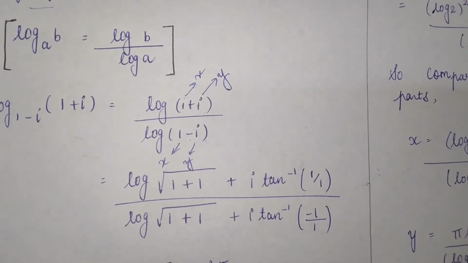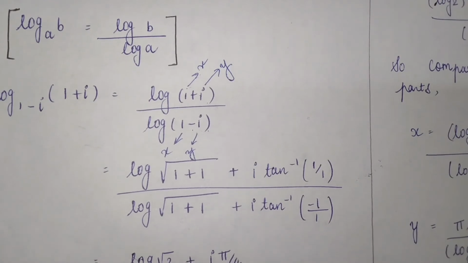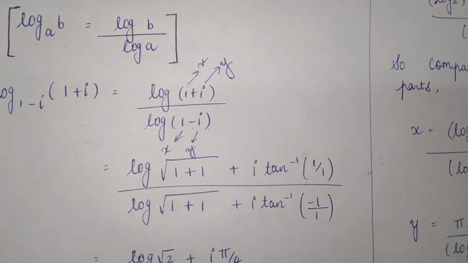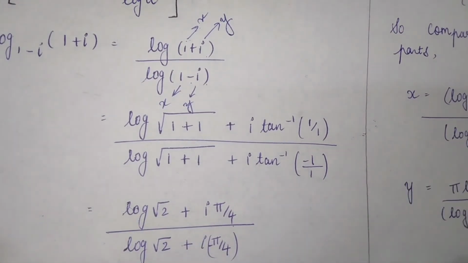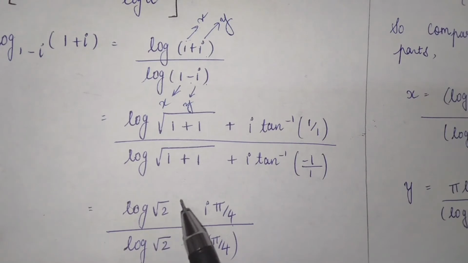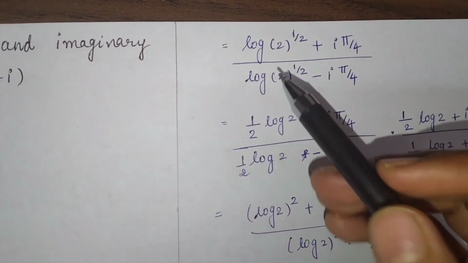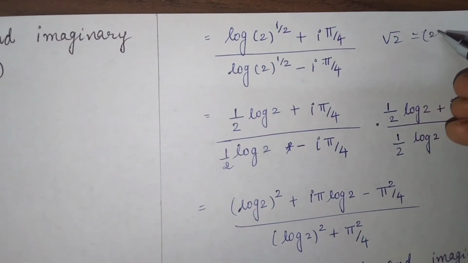That is equivalent to log under root 2 plus i into pi by 4, and in the denominator log under root 2 plus i into minus pi by 4. We can write root 2 as 2 raised to 1 by 2.